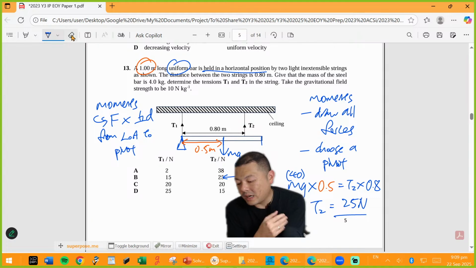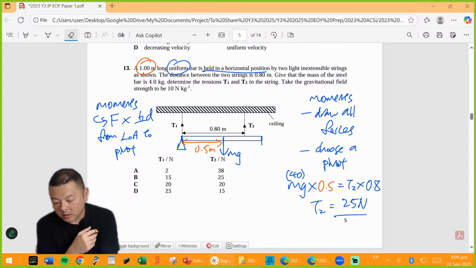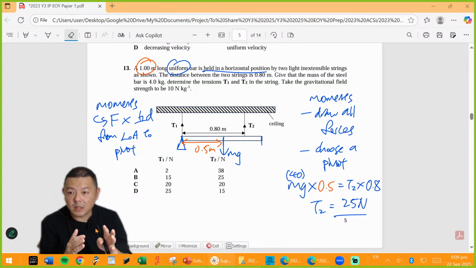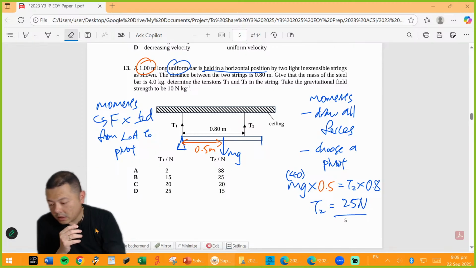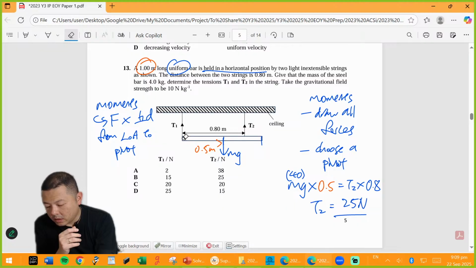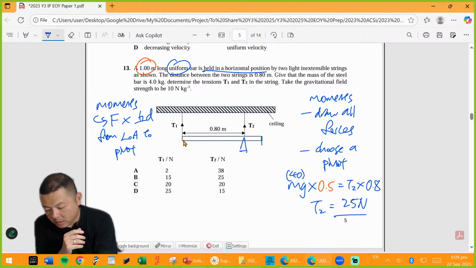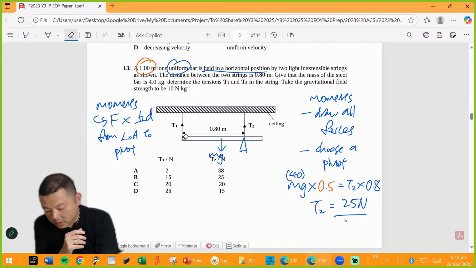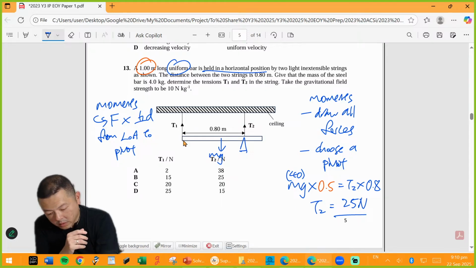Okay, hang on. What if it's a paper 2 question? How do you find T1? What do you do? Pivot T2, tell me. This is T1 pivot, and then I do T2 pivot. Okay, go ahead.